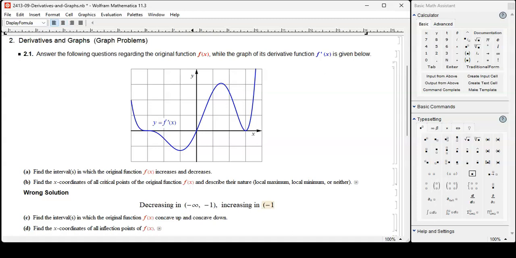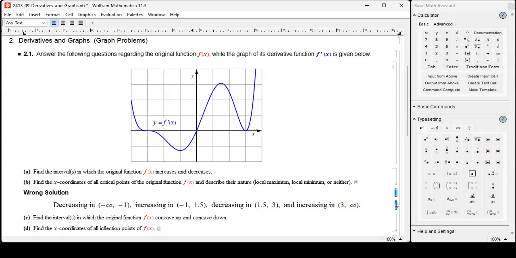Increasing in -1 to 1.5, decreasing in 1.5 to 3, and increasing in 3 to infinity. I see this a lot.